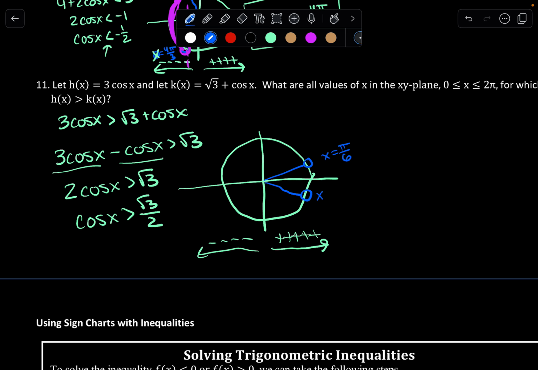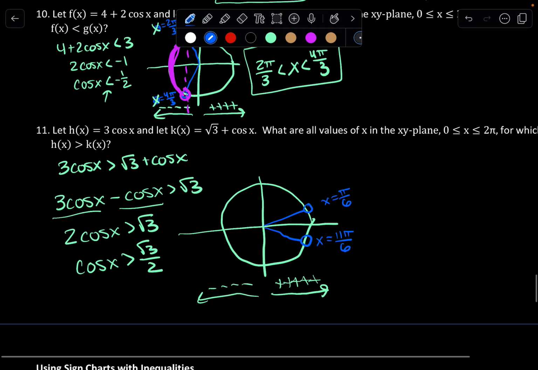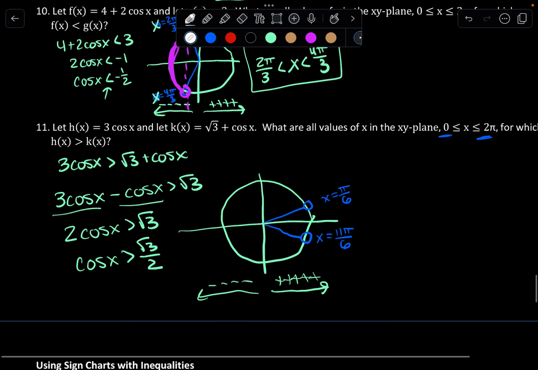And then x is also equal to 11 pi over 6. So we have a pretty special case here because we have to make sure that we're starting from 0 to 2 pi. So I'm going to initiate here, and then I'm going to travel counterclockwise and basically collect the intervals that will satisfy my inequality. So if I start here, I will go from 0 to pi over 6.